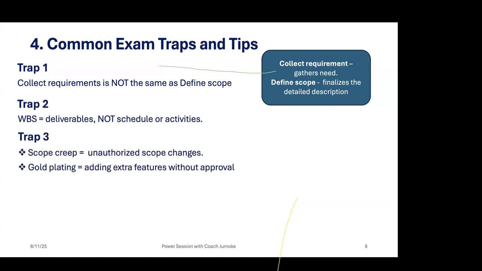And then trap 3, scope creep. These are unauthorized scope changes. Because the same cause of scope creep, if it followed the change request process where it is logged and then the project manager analyzes it and checks the impact in terms of cost, time, risk, quality, resource, and all that, presented it to the change control board and they approved it, it will not be scope creep. It means the scope will be refined, will be updated.